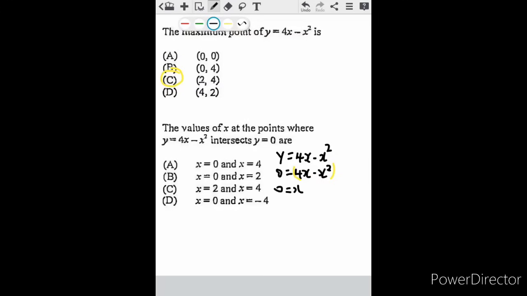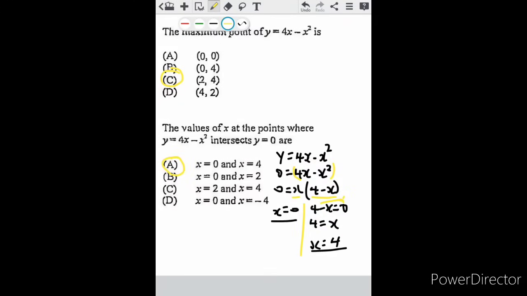So we'll have x, and x into 4x is 4, and x into x squared is minus x. And we need to equate each to 0. So x is equal to 0. So that's finished. And then we have 4 minus x is equal to 0. And moving the x over the equal sign, we have 4 is equal to x. So our two values are x is equal to 4 and x is equal to 0. And that is A. Our answer is A.